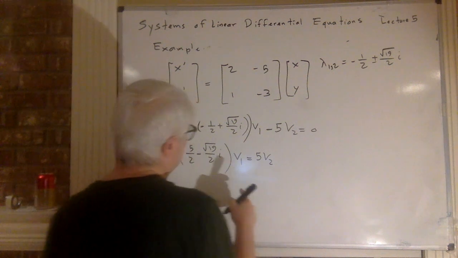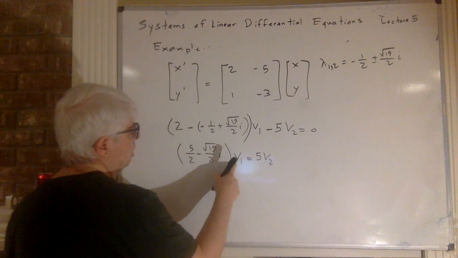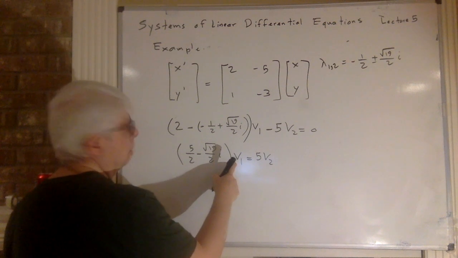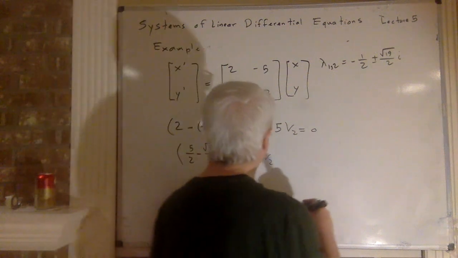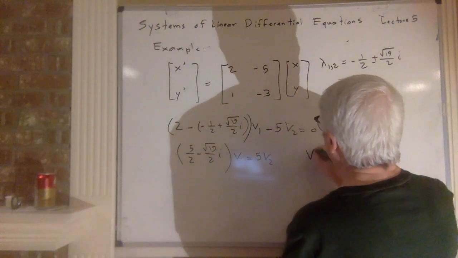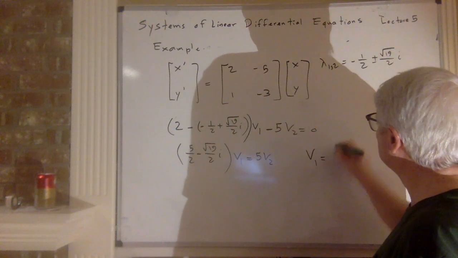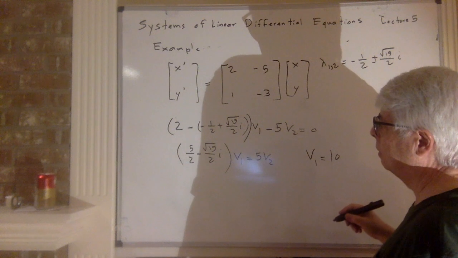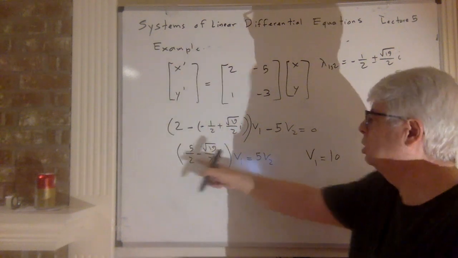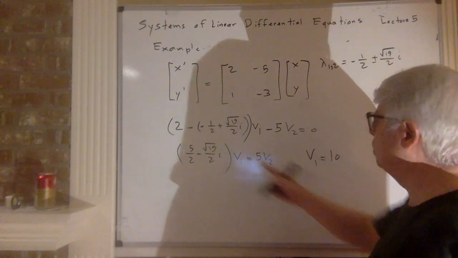So if I choose this to be 10, I can take this to be 10, right? So let's say v1 is 10. So if v1 is 10, then what do I get? I will get this thing divided by 5 times 10.